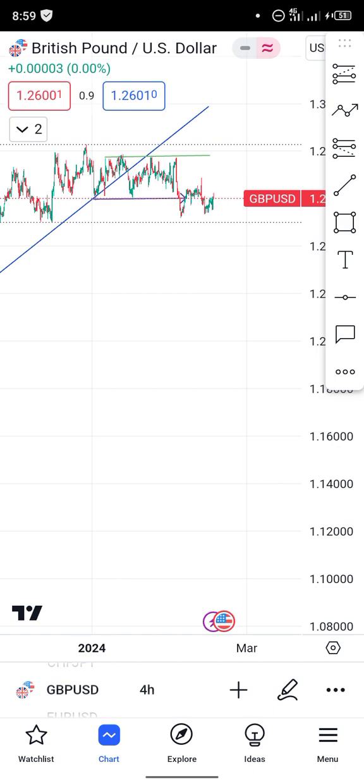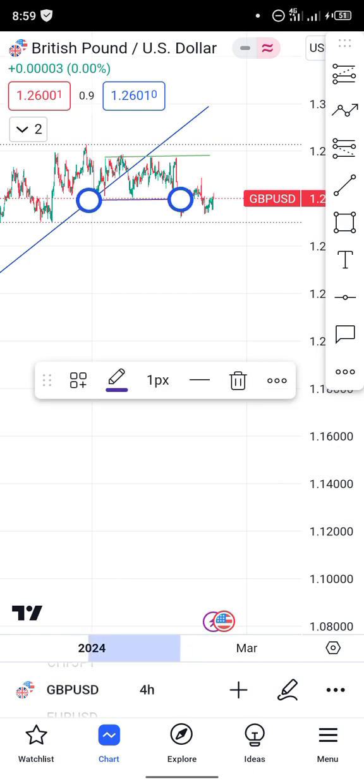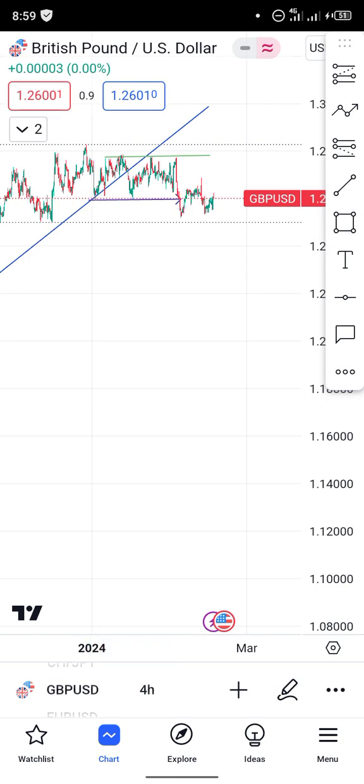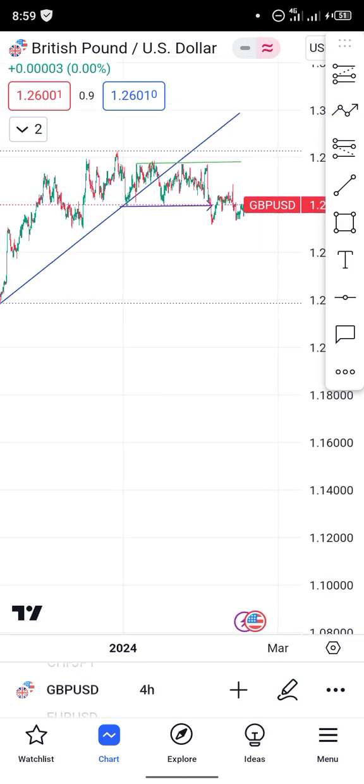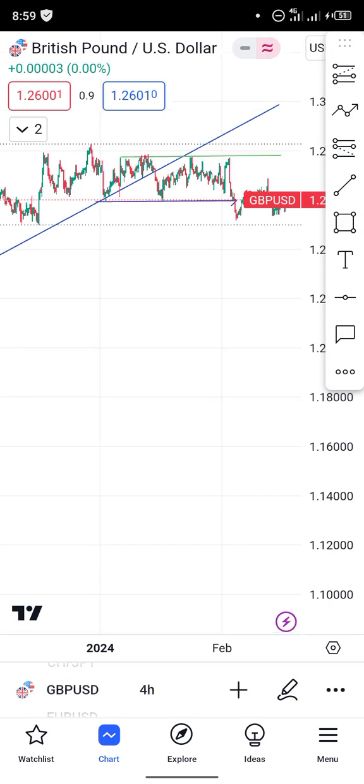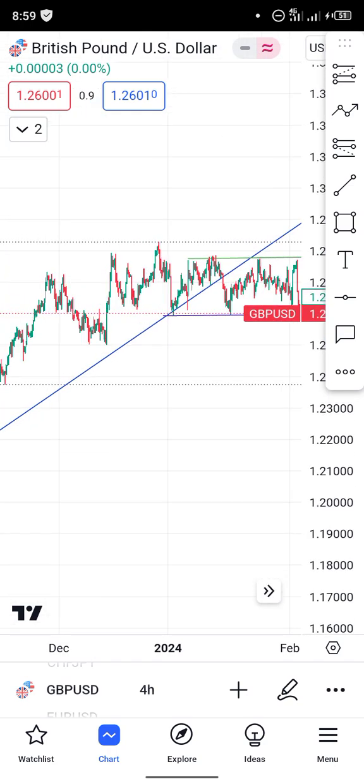Now, how is it confirmed? This is our change of character, the last swing point that was broken out. I believe you all know what change of character is. If you have questions, please refer directly to me.